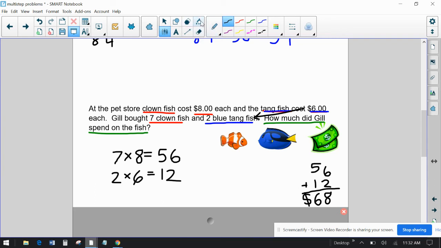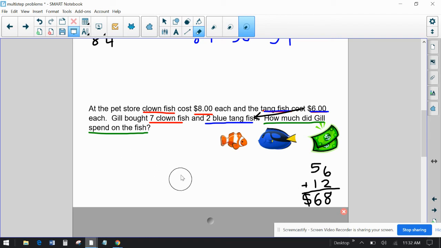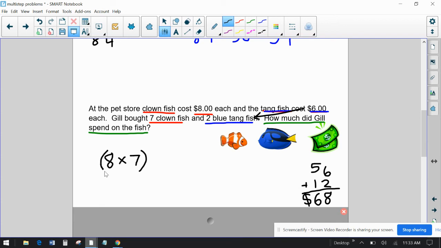So let's rewrite this in the form where we use parentheses. So our equation is just one equation. We don't have separate equations. So the first step was 8 times 7, right? So instead of writing the answer to this, I'm going to put it in parentheses, 8 times 7.